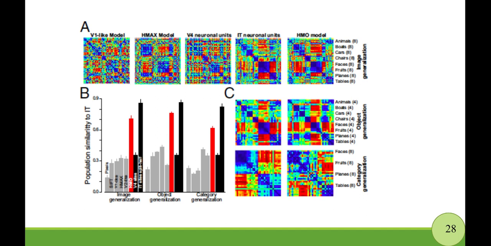This lower performance comes from the neural identifications, meaning that the activity of my neurons, if we're showing the same stimulus, might be different from what your brain is showing, and so on. But if you compare overall performance, HMO and IT are very close, but the other algorithms are very low, and they're not doing a good job in explaining those variations or similarity or dissimilarity in this case.